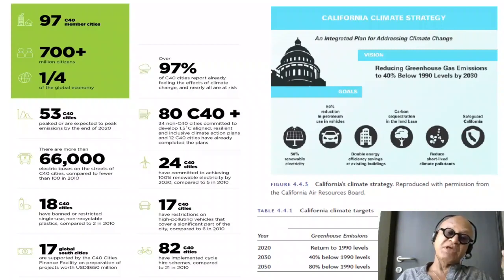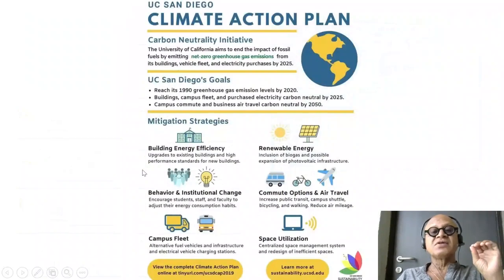Public transportation may not be able to serve everybody, especially poor people. So you will need a car. Then the question is, how do you manage the cities? 82 of the C40 cities have implemented cycle hire schemes compared to 21 in 2010. So all these numbers are really impressive.